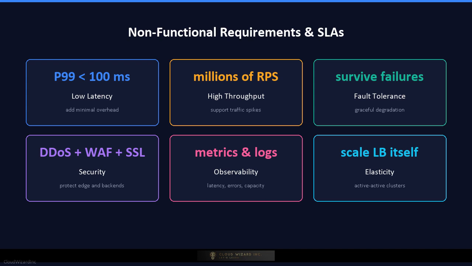It must be secure, offering DDoS protection, access control, SSL handling, and sometimes web application firewall features. It must be observable, emitting metrics on latency, throughput, error rates, and backend health. And it must be operationally simple to reconfigure, scale, and upgrade without dropping active connections.